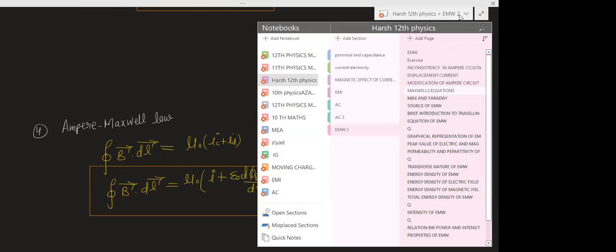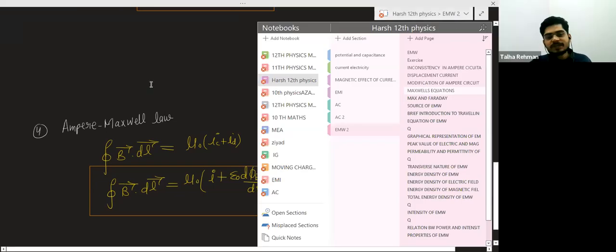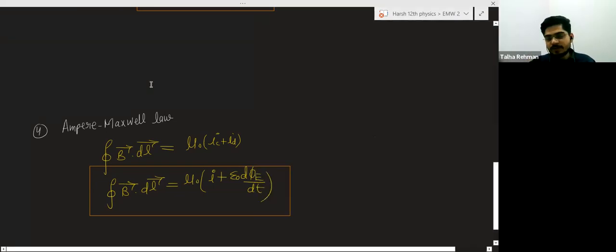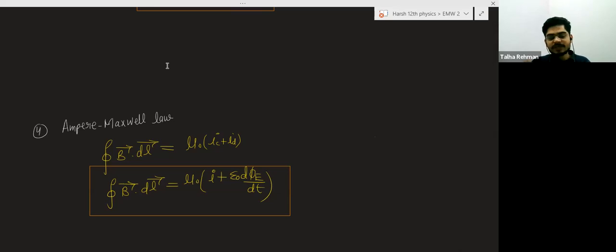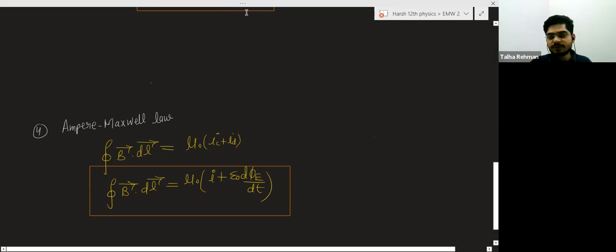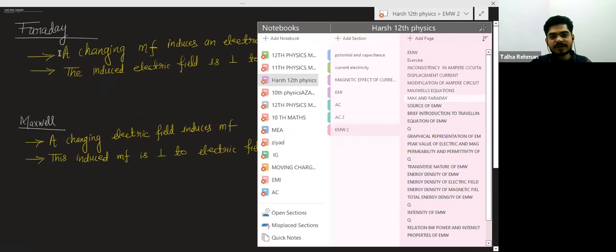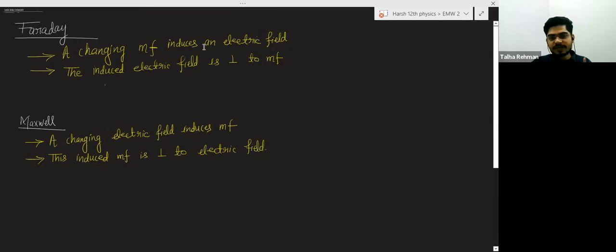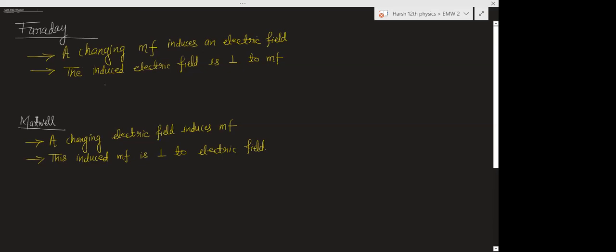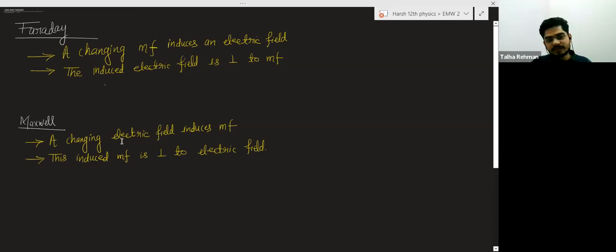Now we will discuss what Maxwell said. Recap: Faraday said a changing magnetic field induces an electric field. Maxwell said a changing electric field induces a magnetic field.